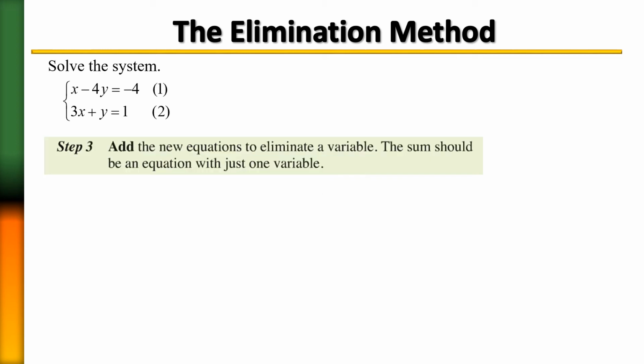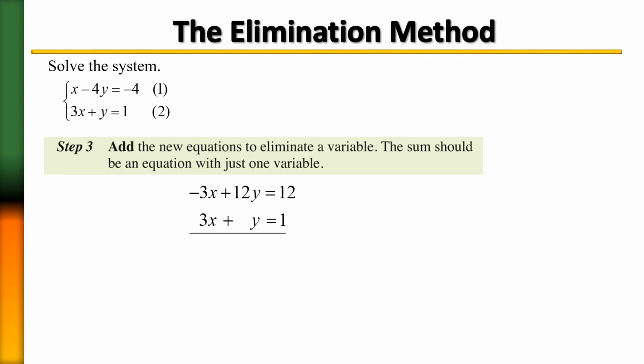So let's go ahead and do that. We're going to add the two equations together, and as we stated before, our x's have canceled out, they're gone. But our y's are still there, 12y plus 1y. We know that in algebra you don't write a 1 there, but a 1 is assumed when there is no number in front of the variable.